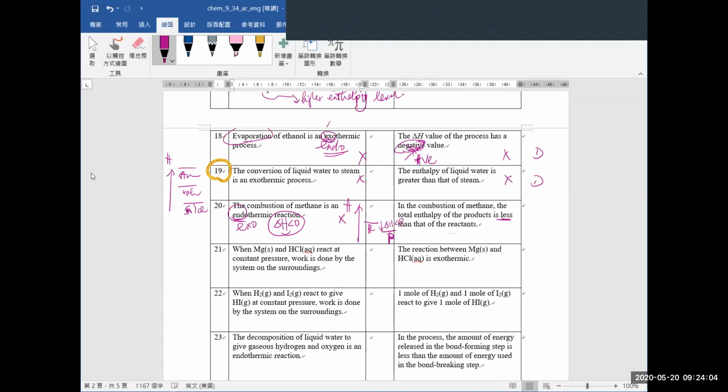So comment on the second statement. Again, the total enthalpy level of the product is less than that of the reactant. The product is less than. Is it correct?